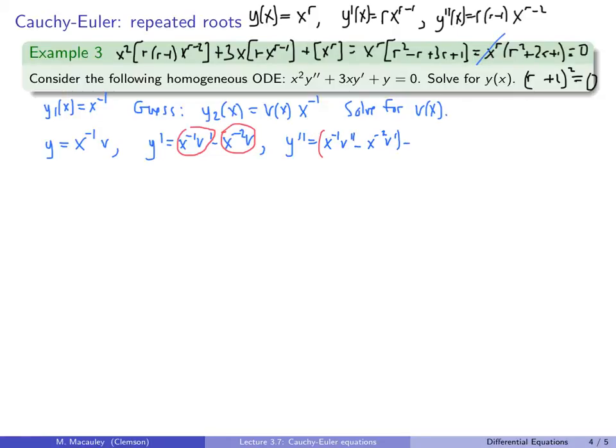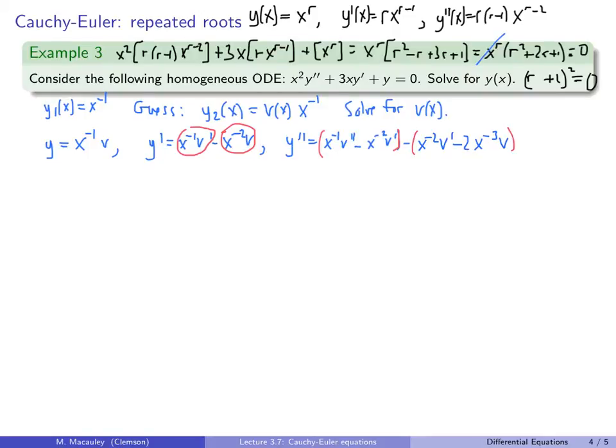So that's the second term for this first term, right? And the second term, derivative of that, let's put that in parentheses as well so we can keep track of it. It's going to be x to the minus 2 times v prime minus 2x to the minus 3 times v.